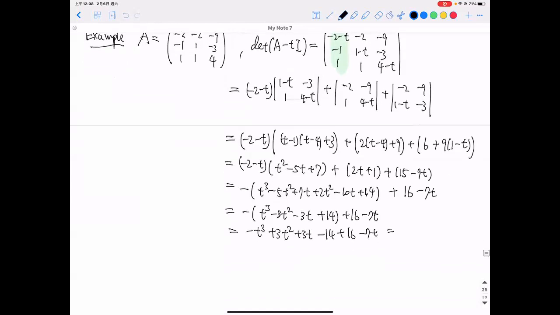Okay, now we are more or less completed. So minus t cubed plus t squared minus 4t, right? 3 minus 7 is negative 4, plus 2.